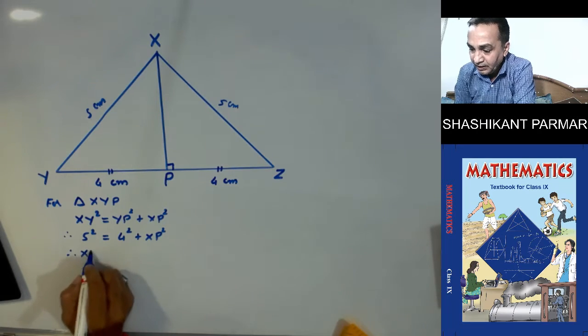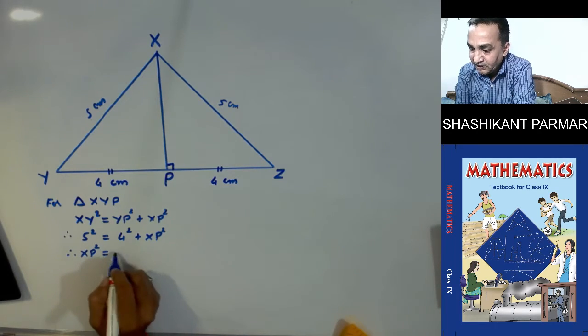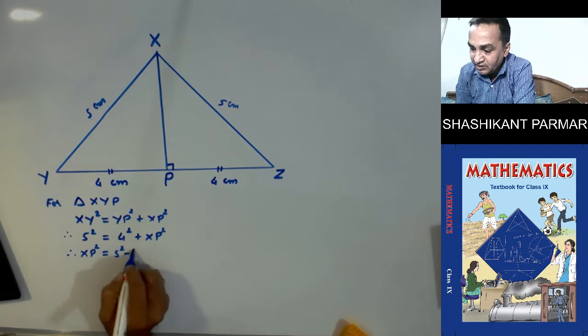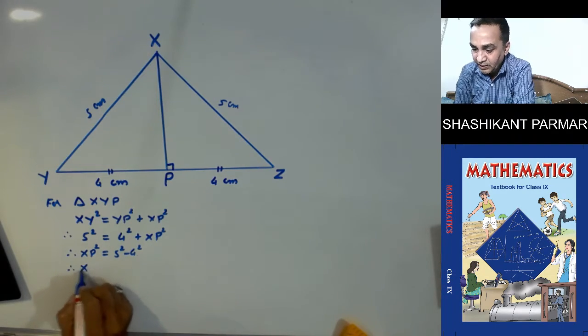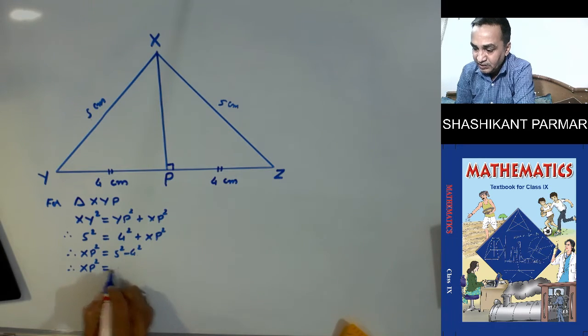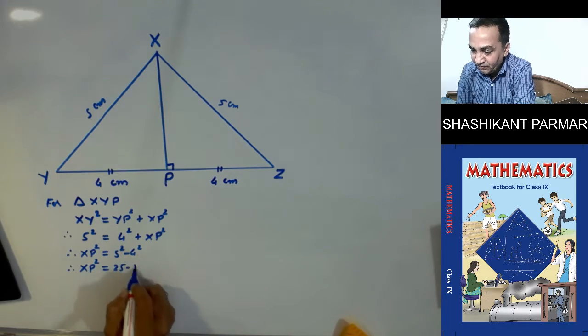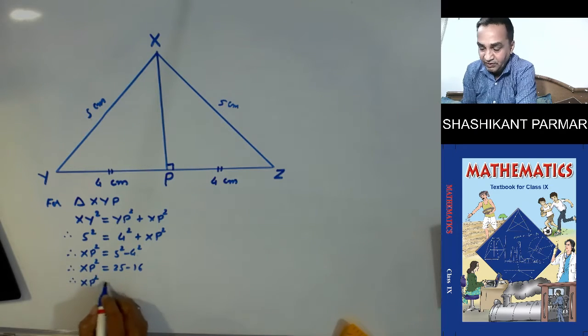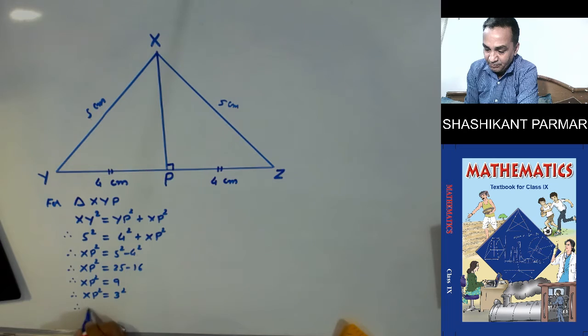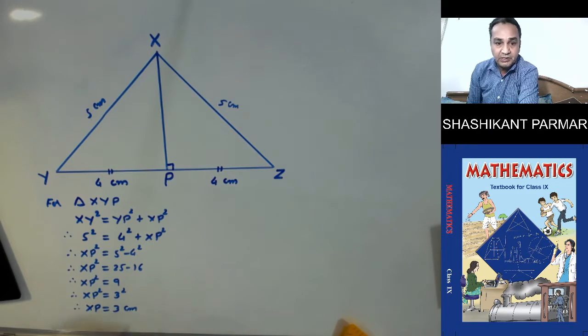Therefore XP square is equal to 5 square minus 4 square. Therefore XP square is equal to 25 minus 16. Therefore XP square is equal to 9. Therefore XP square is equal to 3 square, and therefore XP is equal to 3 centimeter.